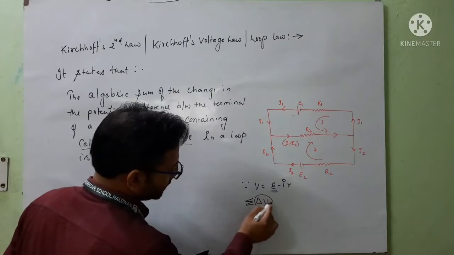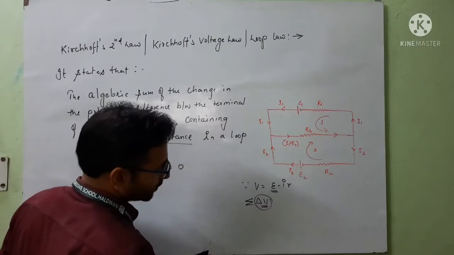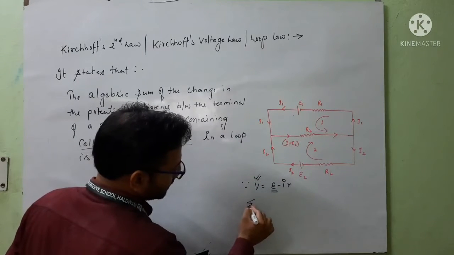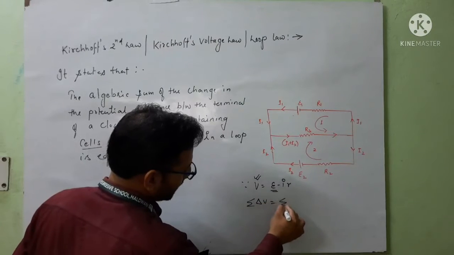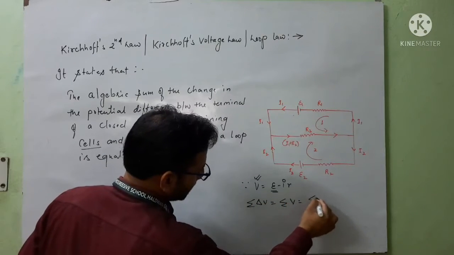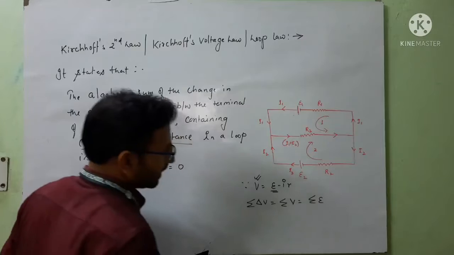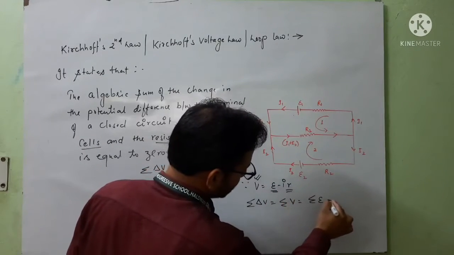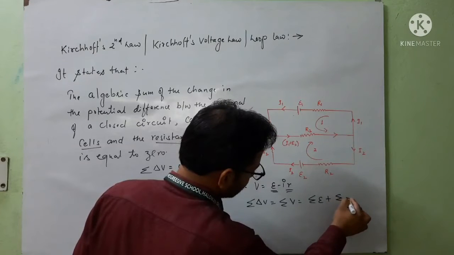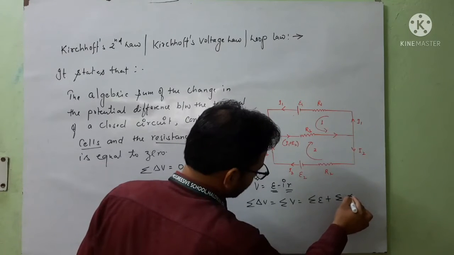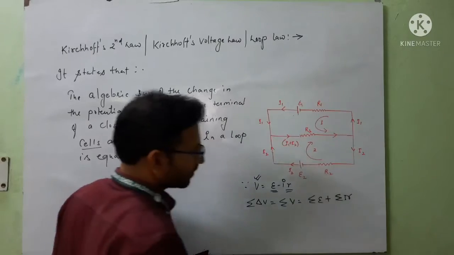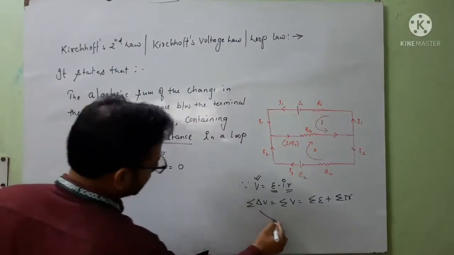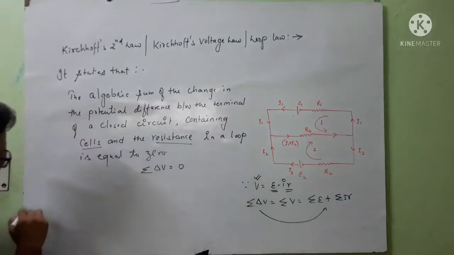The change in voltage means the potential difference, noted by V. This can be written as the algebraic sum of E, with a negative sign, along with IR. Got it? So this value is equal to this value.